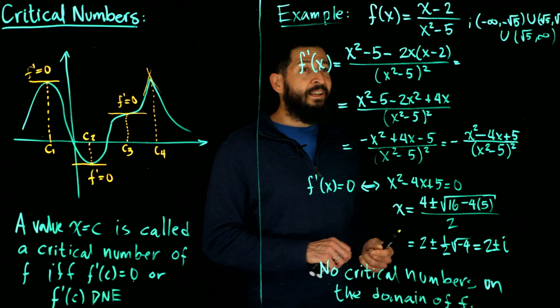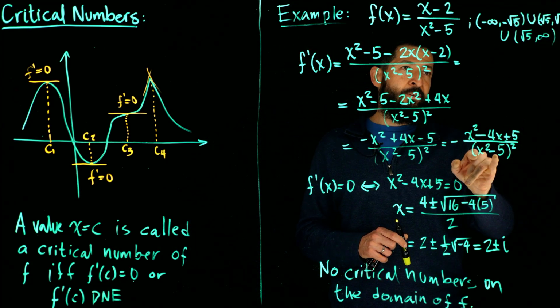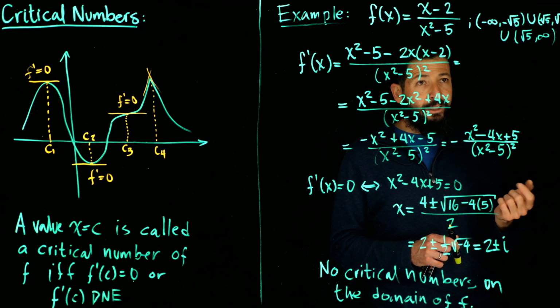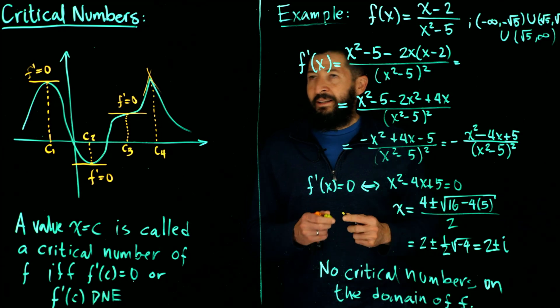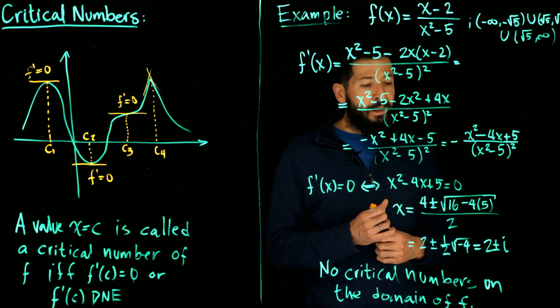Again, as I said, plus or minus square root of 5 do make the derivative undefined, however, those were excluded from the domain from the get-go. So we'll leave it at that for this one, and we will resume critical numbers and relative extrema next time.